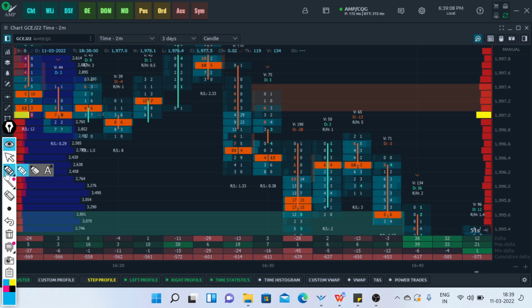If you look at this candlestick over this zone, you can see that on the right side there are no buyers. These are 0, and on the left side you can see these are the sellers.